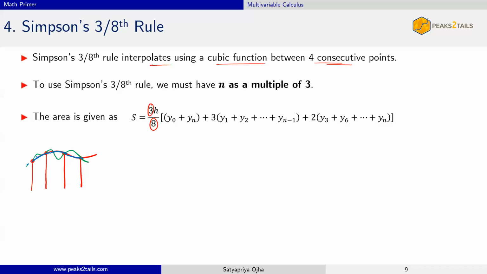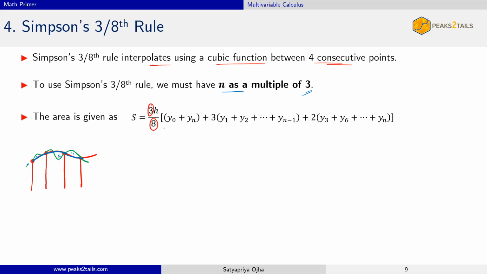So obviously you'll ignore this area, overestimate here, and then underestimate here. But overall, it will be a very accurate scheme. And how does the formula work? Before that, there is a requirement. N must be a multiple of 3. The same idea because we are using 4 points, right? N has to be a multiple of 3. 1 point is shared, right?